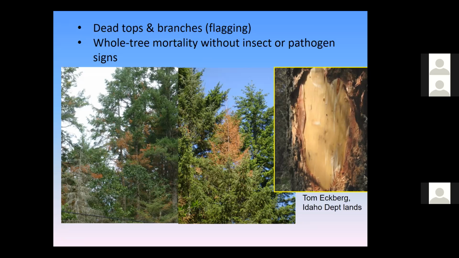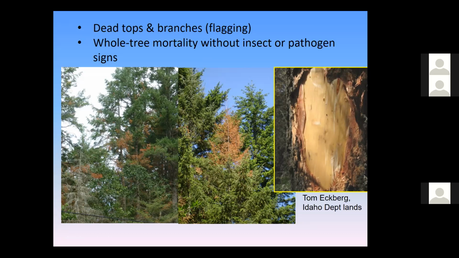It's pretty hard to sample that high up in a tree, but you might find a tree like this little one on the left here that's completely dead, and you can sample that tree without harming it, remove some of the bark, and look for beetles. And you might find, like in this photo on the right, that there's nothing in there. There are no beetle tunnels or holes or sap pouring out of there.